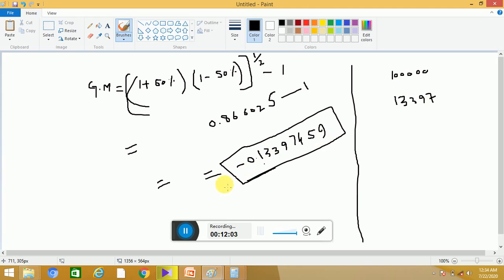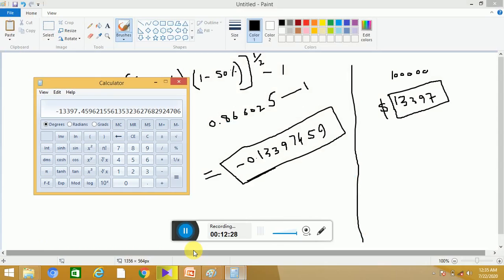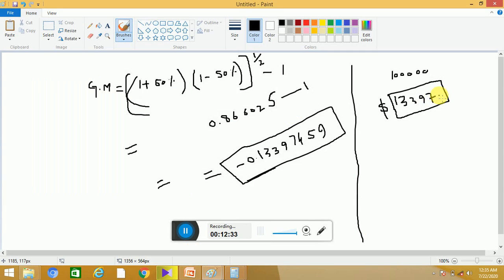This is the percentage of loss; now we are calculating the amount in dollars. So this is the dollar loss in the first year: 13,397.4596.